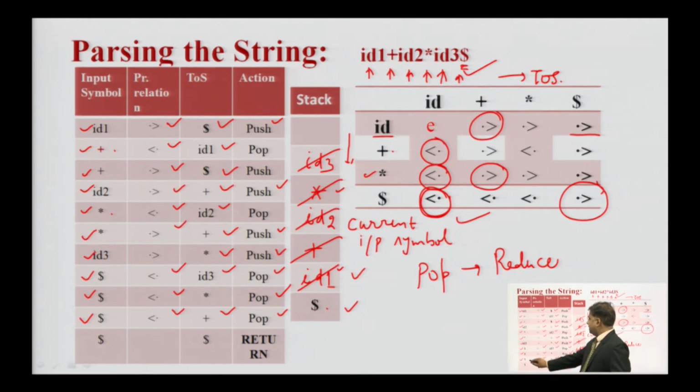Now A, that is dollar, and top of the stack is also dollar. So now the string is completely parsed. If A equals dollar and B equals dollar, then we return, that means the string is parsed, right. So we can declare that the string is parsed.